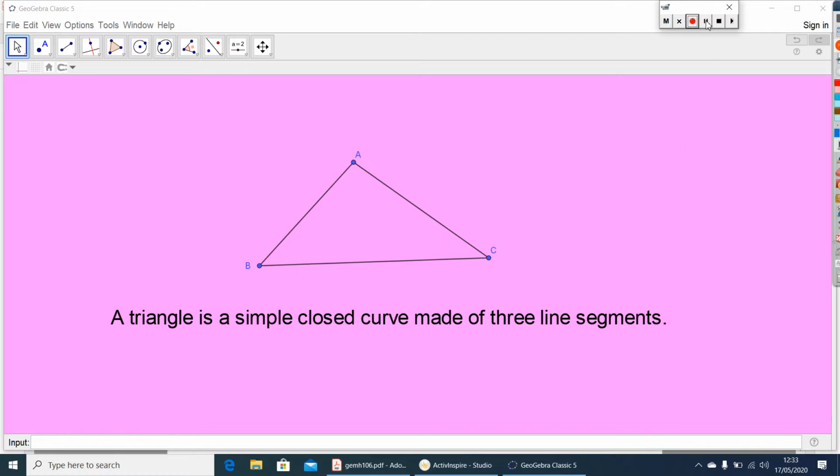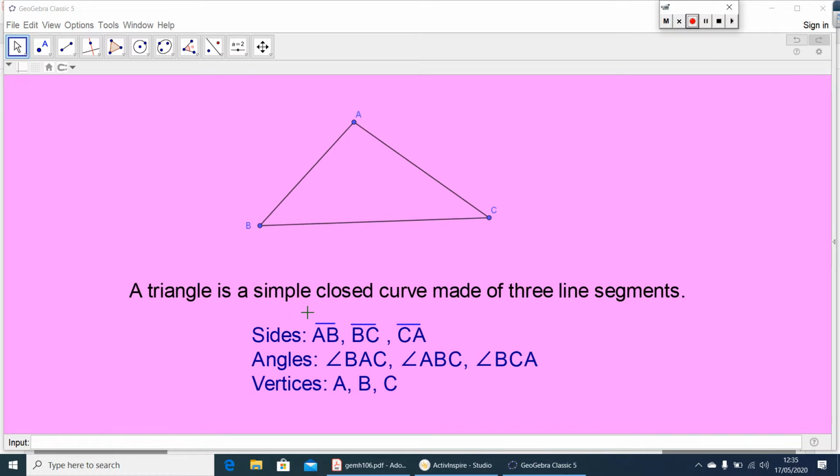They are: here the sides are AB, BC, and CA or AC. Now the angles are angle A, we can call it angle BAC.